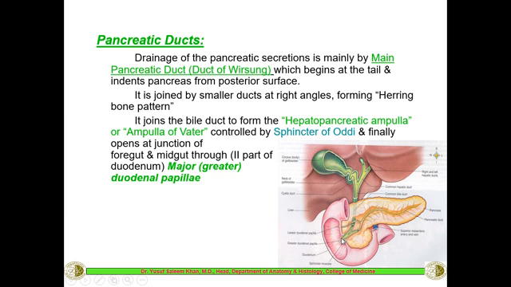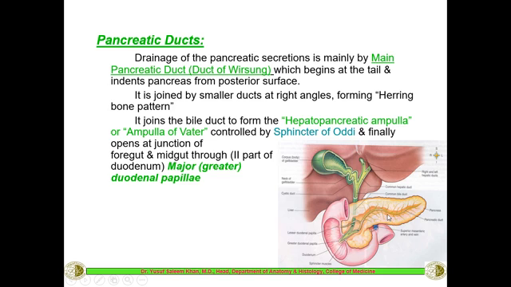So this is a very important landmark where the foregut and midgut meet. This is indicated by the opening of the major duodenal papilla. So the major duodenal papilla is draining both the pancreatic juices as well as the bile coming from the liver. Okay, so this is about the main pancreatic duct.